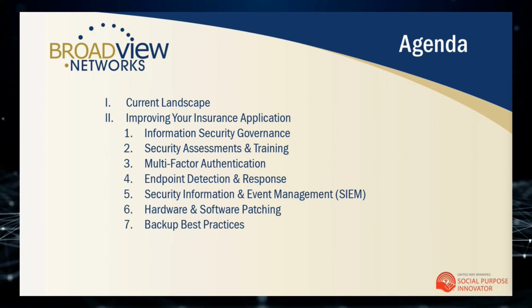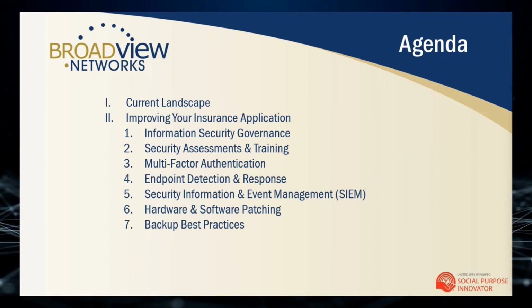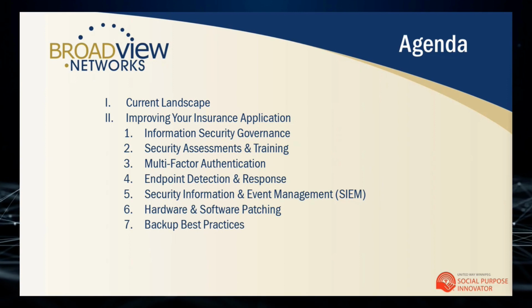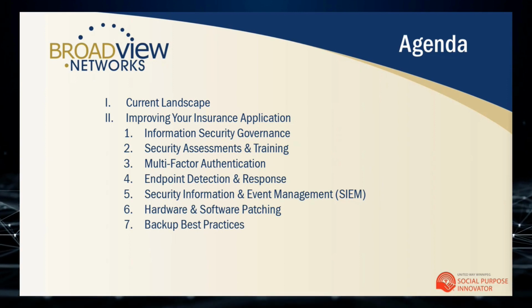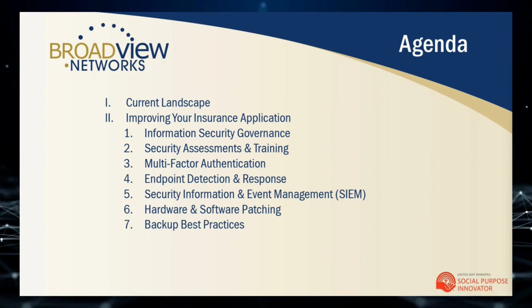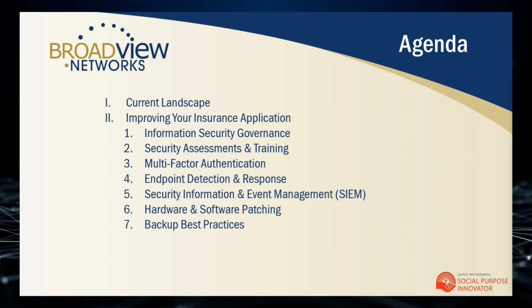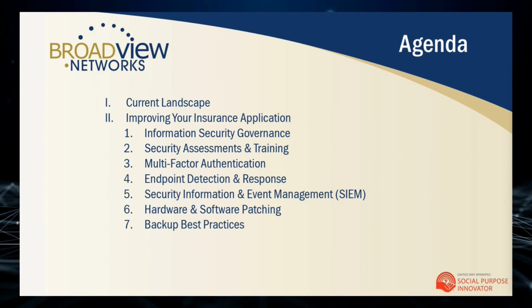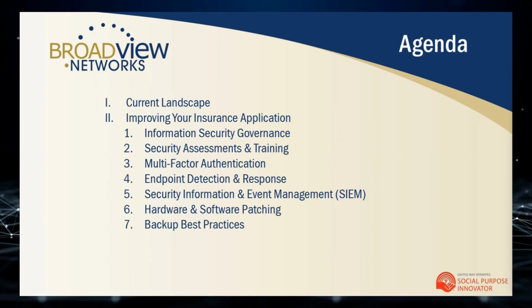We'll get into all these in more depth as we go through the presentation. The top 7 areas we're going to focus on are what we see as most common on most cybersecurity insurance applications, as the minimum you have to meet to even be able to get cybersecurity insurance. And I'll speak to that a little bit more in a moment.